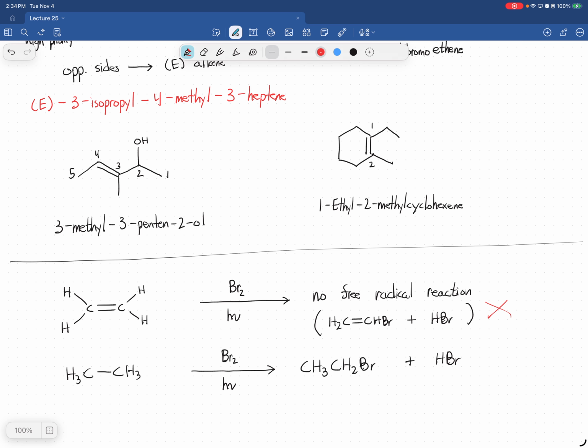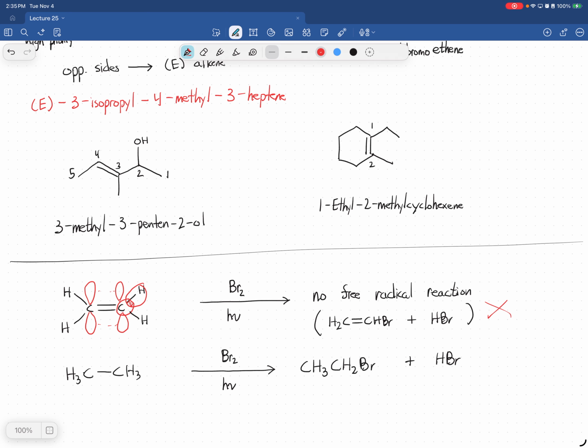Very different reactivity, and that's because, let's think about it. What bond is easier to break in an alkene, the CH bond or the pi bond of the double bond? Not the CH. Remember the CH bond has direct orbital overlap. But what about the pi bond? Are they directly overlapping? No, they have some distance between them.